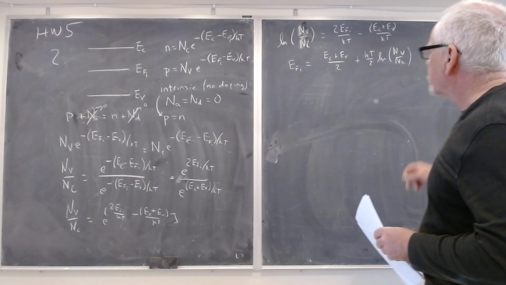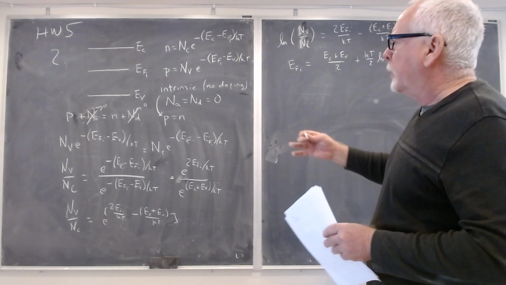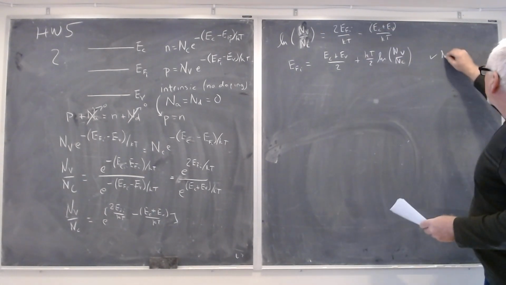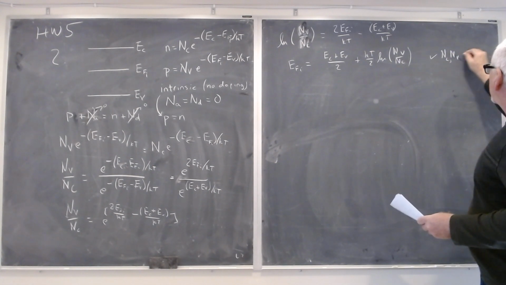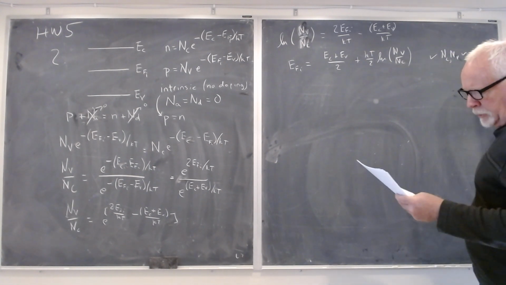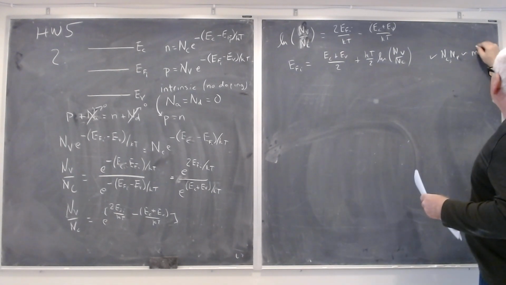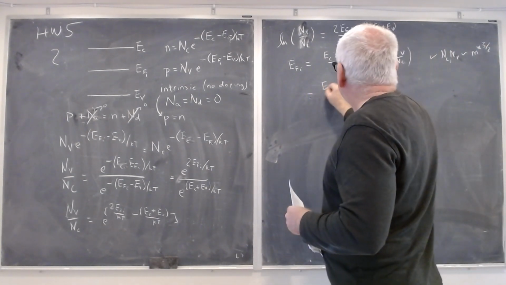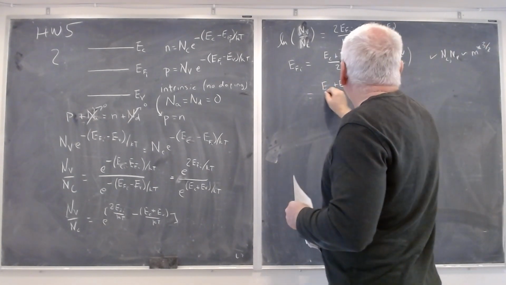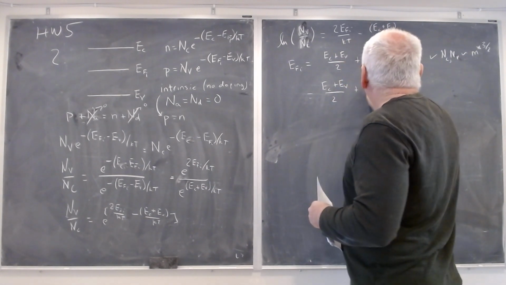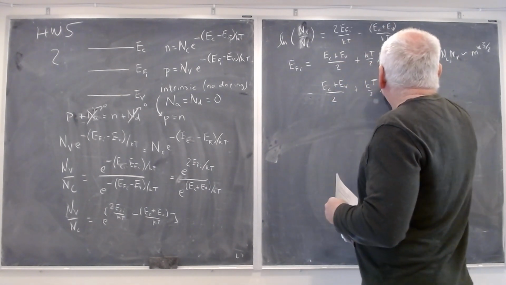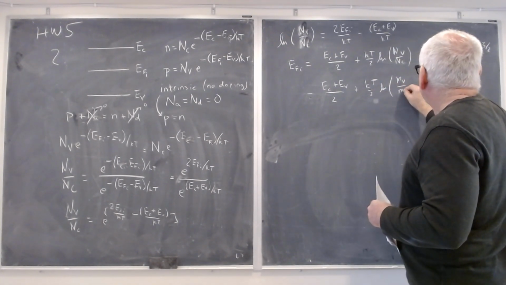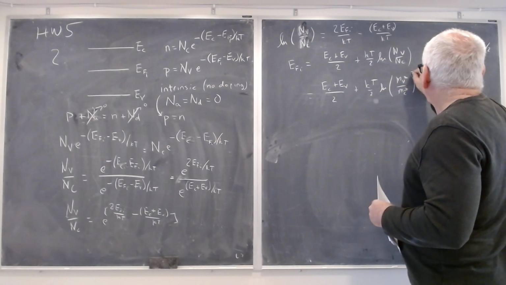I asked you to put it in terms of effective mass, and unfortunately I erased problem 1. But NC and NV both go as m star to the 3/2. So this is equal to EC plus EV over 2 plus kT over 2 logarithm of (mv over mc) to the 3/2.